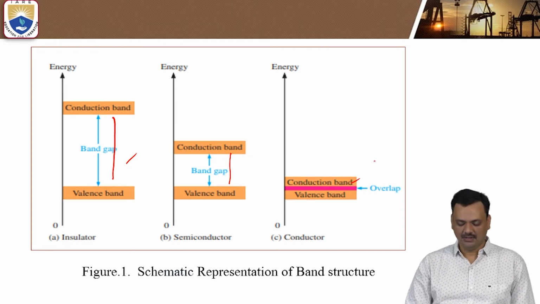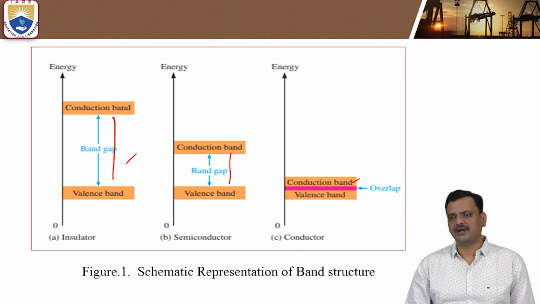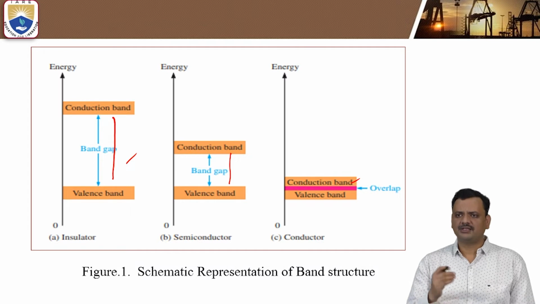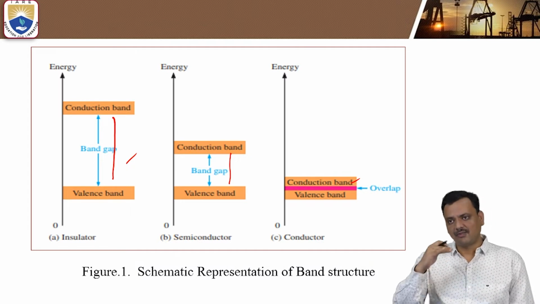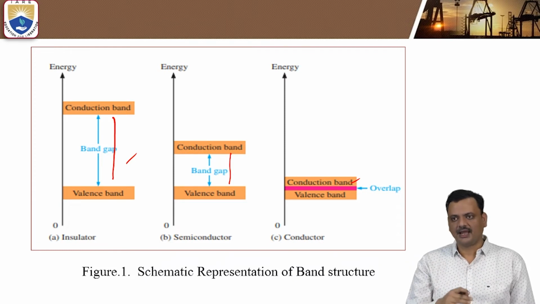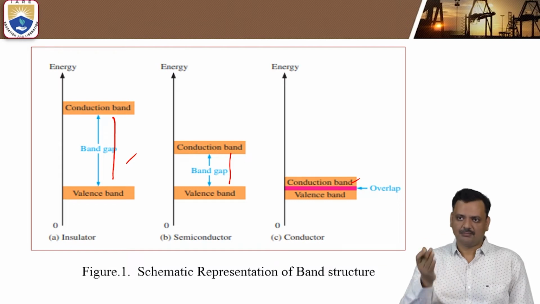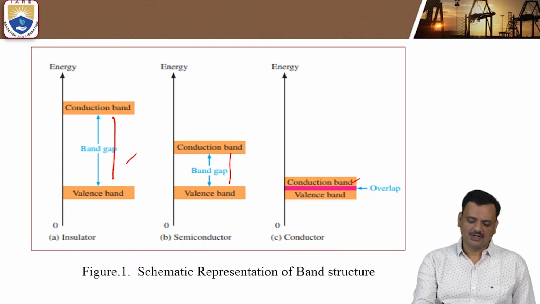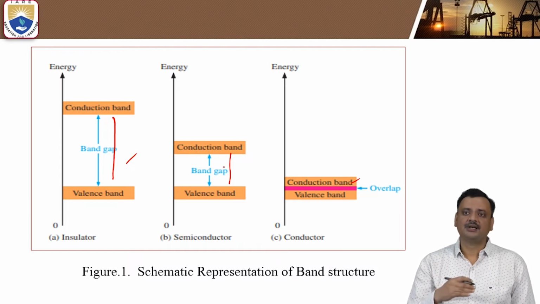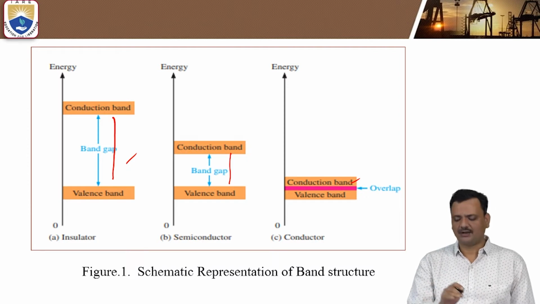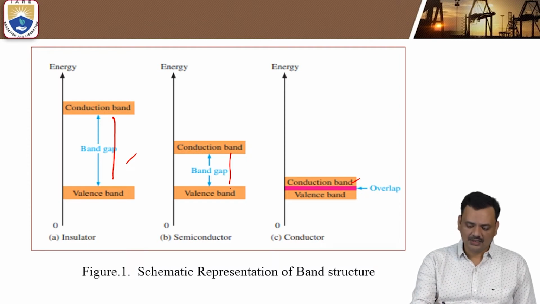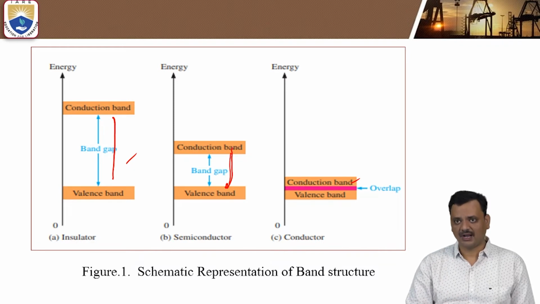Okay. So here, when the valence band and conduction band overlap each other, a very small energy is enough to move the electron from the valence band to the conduction band, and it will take part in conduction. But in the case of a semiconductor, some more energy is required so that the electron will cross this barrier from the valence band to the conduction band.